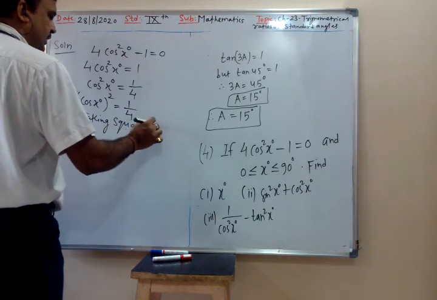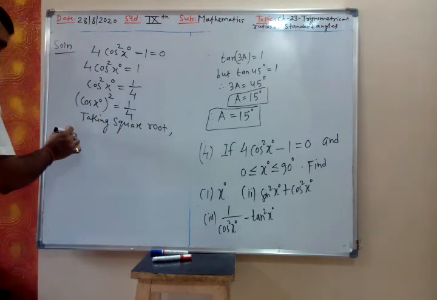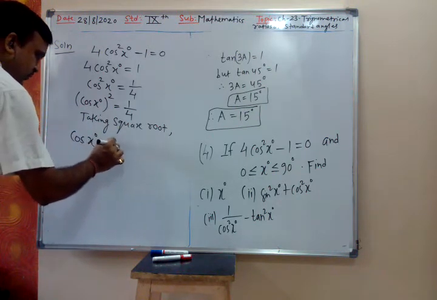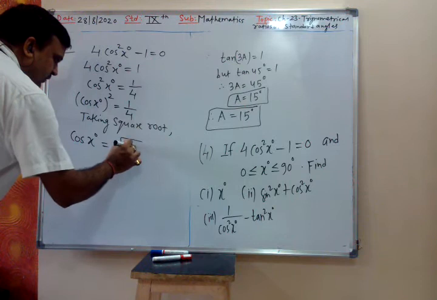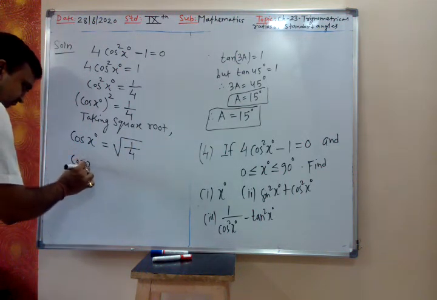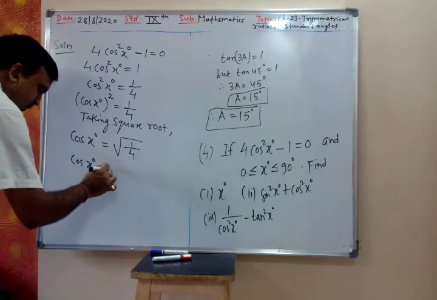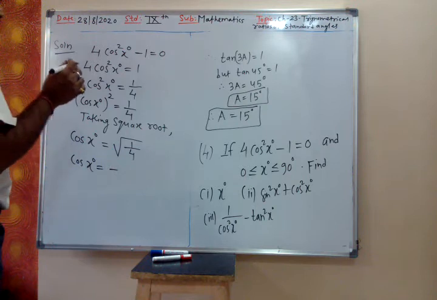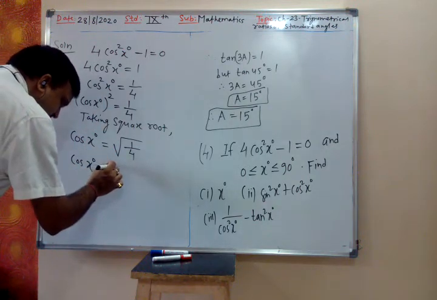Taking square root, you will get cos x degree is equal to square root of 1 by 4. What is square root of 1 by 4? Not just half, plus minus half.